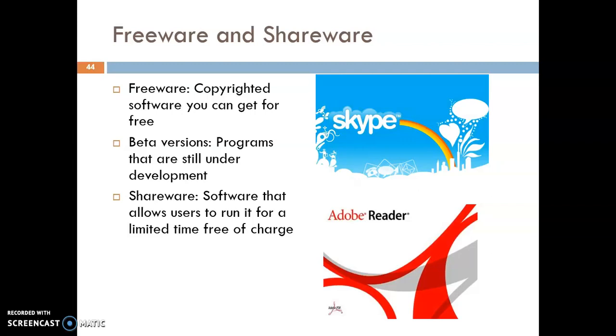This helps the developer correct any errors before they launch the software on the market at a retail price. Then, software that allows users to test it and run it for a limited time free of charge is referred to as shareware. Shareware is not freeware. If you use the software after the initial trial period is over, you will be breaking the software license agreement.